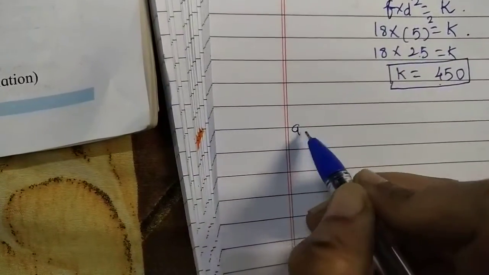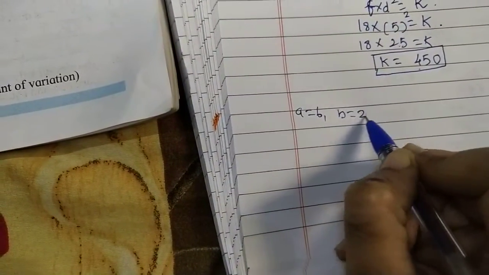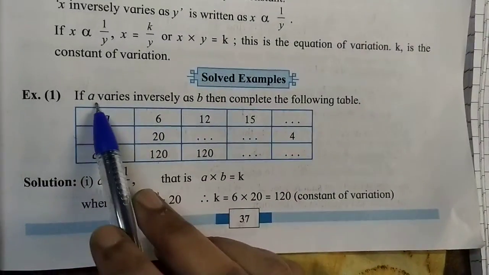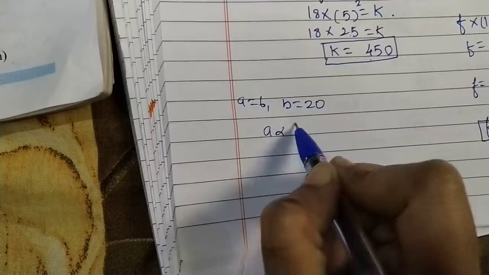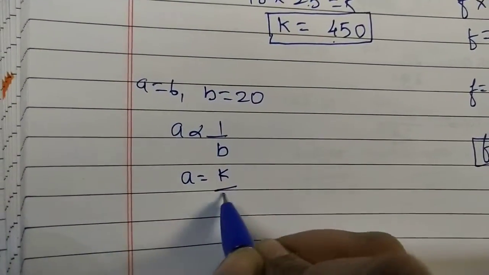First of all, what is given to you? a equals 6, then b equals 20. And it is given that a varies inversely as b. It means that a equals k upon b.